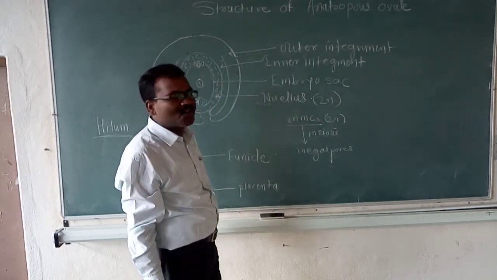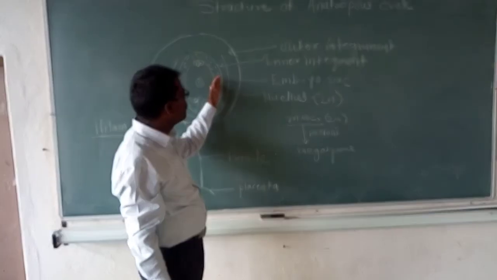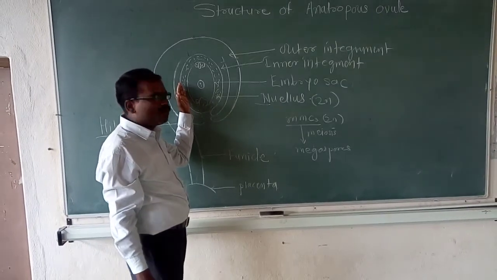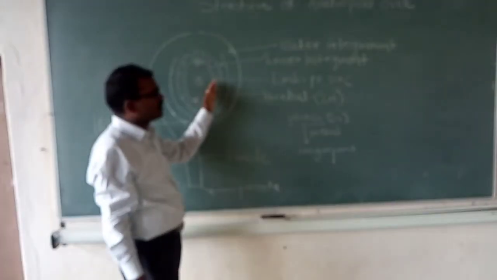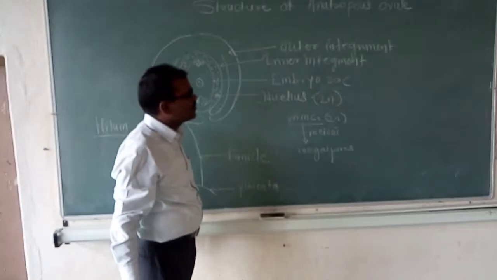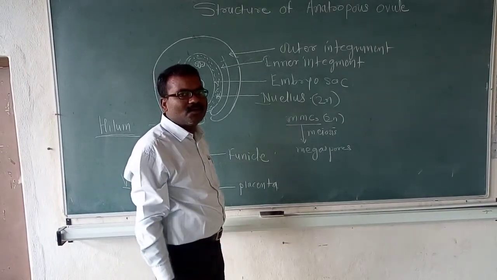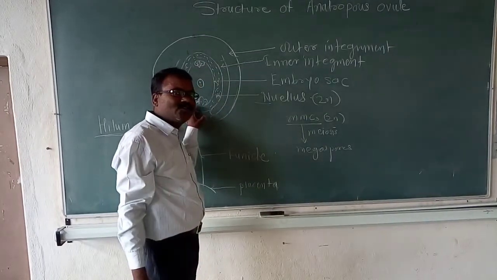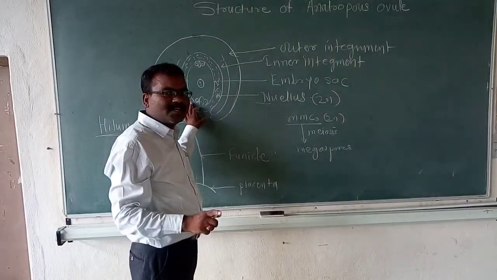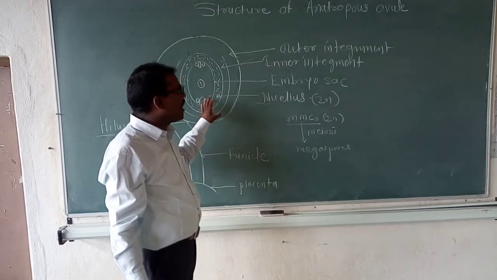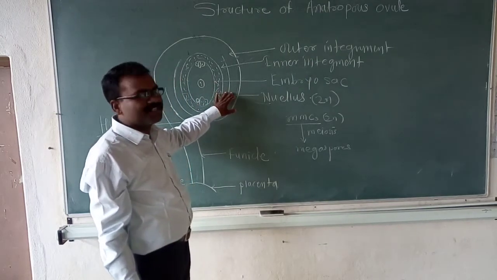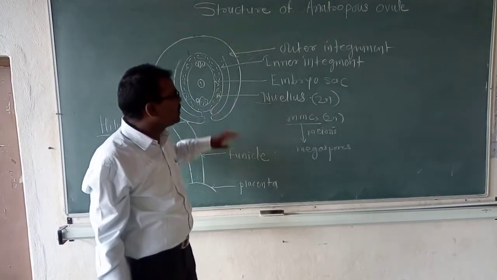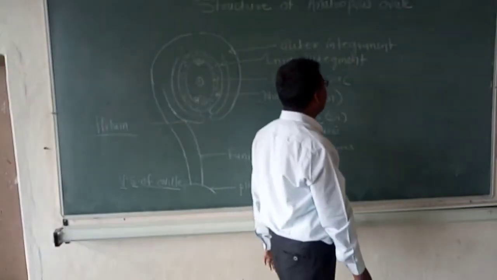The function of integument is to protect the inner part of the ovule, that is nucellus. After fertilization, integument develops into seed coat. Ovule is converted into seed, ovary is converted into fruit, and integuments after maturity get converted into seed coat.